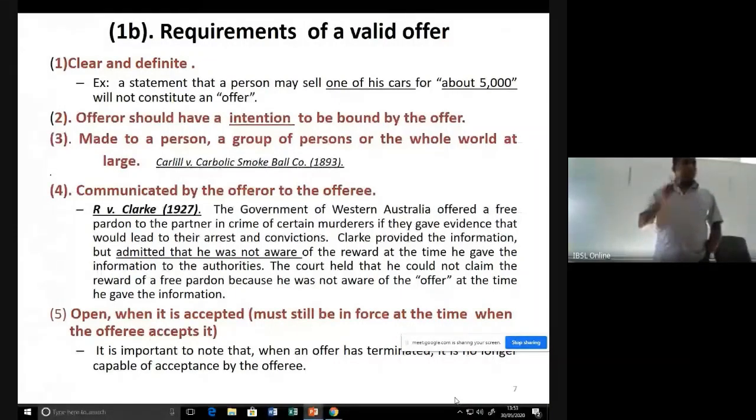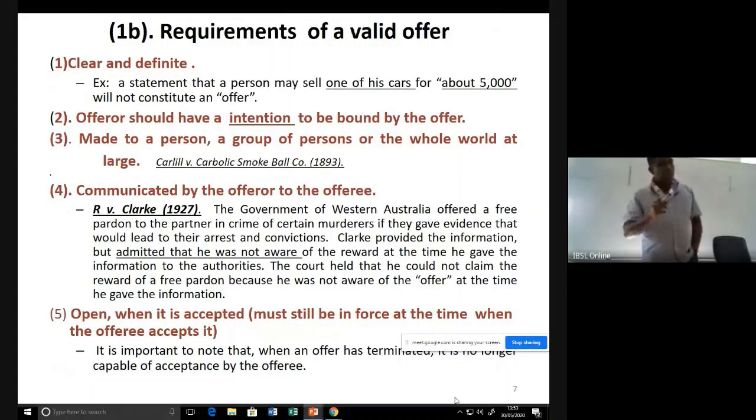Now, is it clear? When you hear this statement, are you clear which pen I am going to sell? Or am I going to sell all 3 pens? It's not clear. The offer is not clear. And then what about the price? I say about 50.